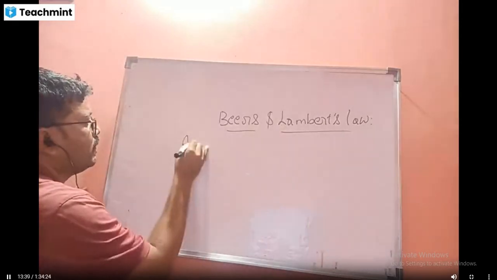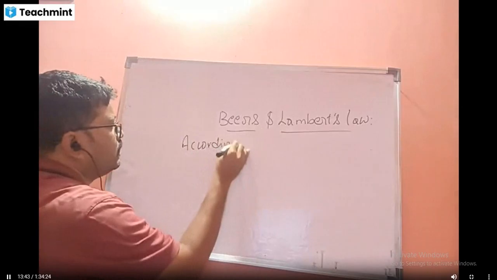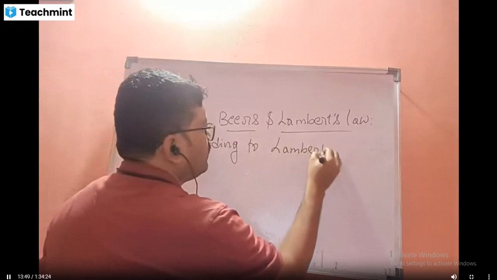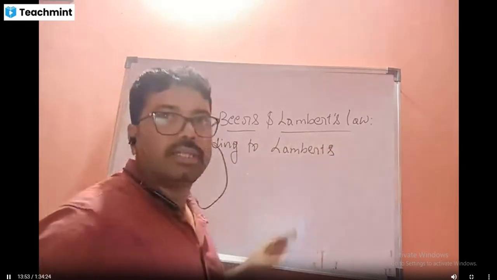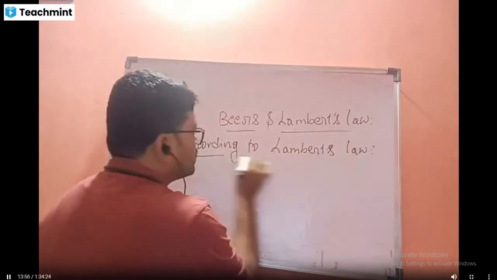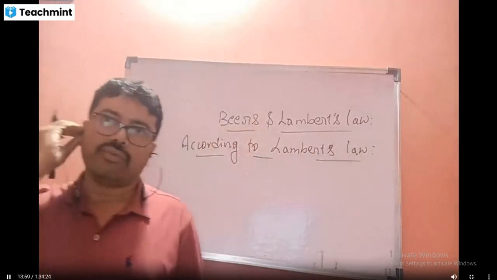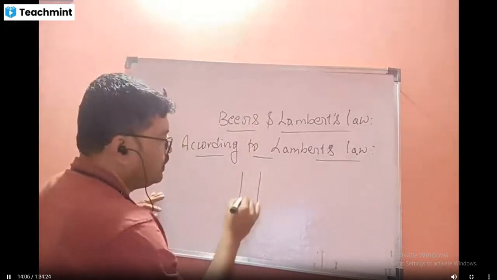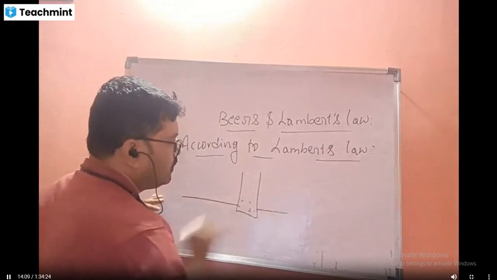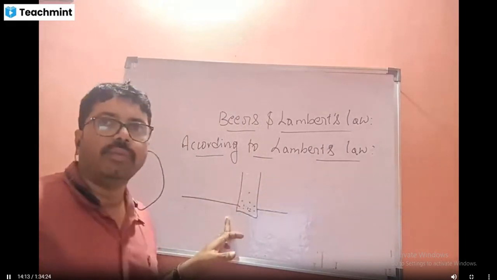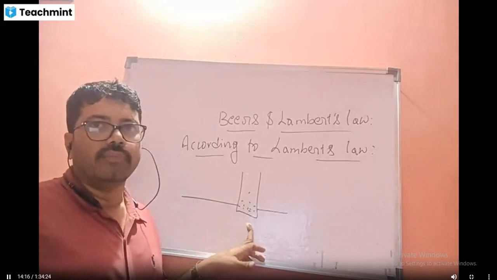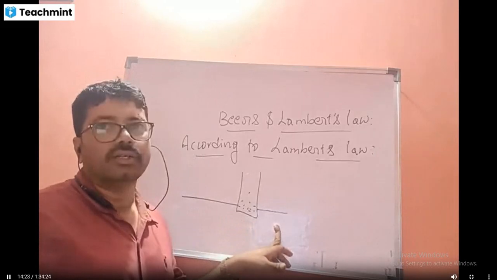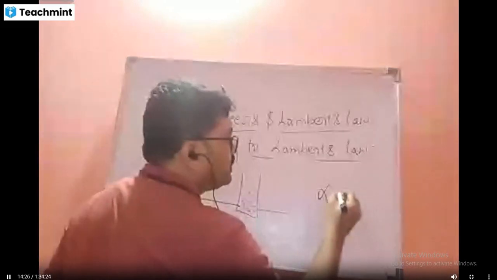According to only Lambert's law, it can be stated as follows: when a beam of light is allowed to pass through a transparent medium, this is a transparent medium, the rate of decrease of intensity with thickness of medium is directly proportional to intensity of light.